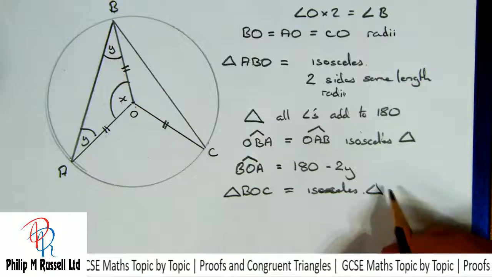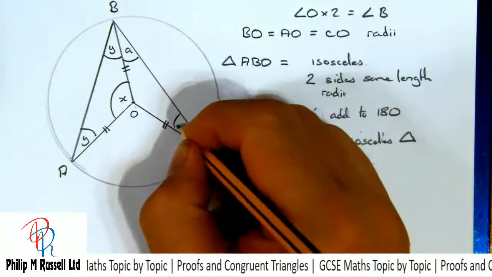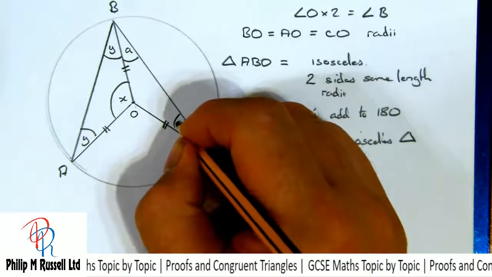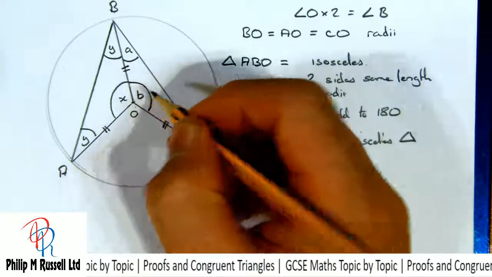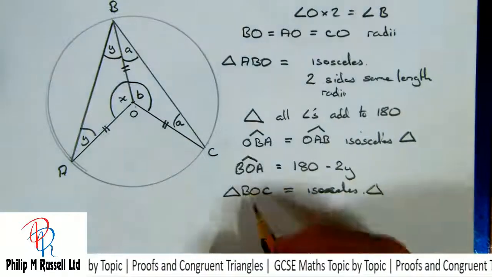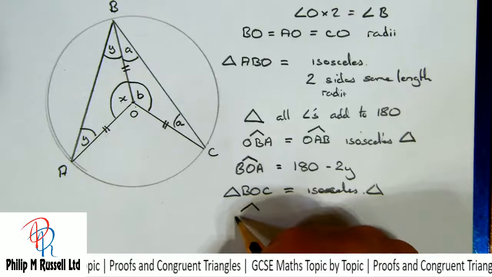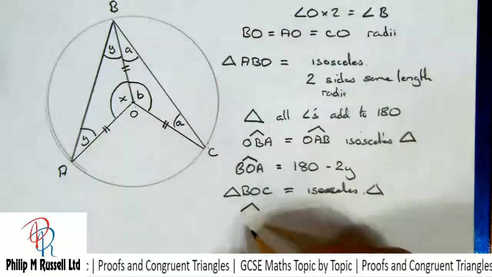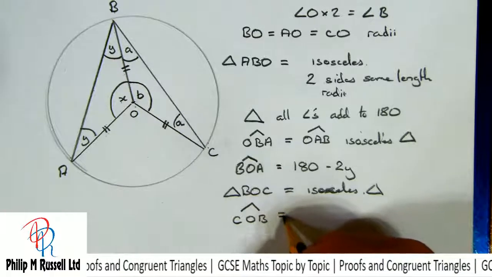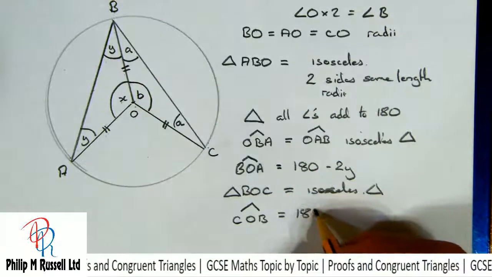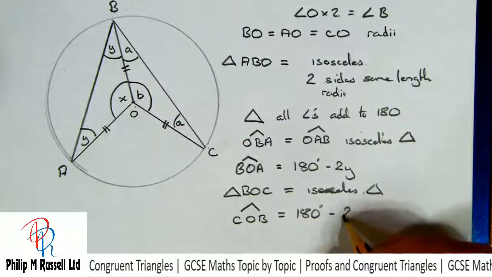So it's an isosceles triangle, therefore the two base angles are the same, and we'll call this one angle A. So therefore I know that angle COB is going to equal 180 degrees minus, in this case, 2A.